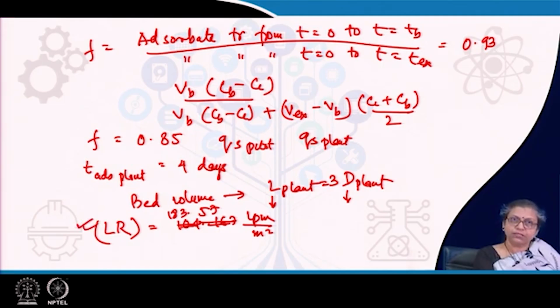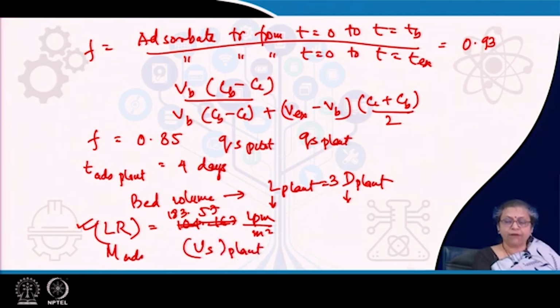So, we proceed with this, find out the mass of the adsorbent that is required, and we also check the superficial velocity in the plant. After every design, we need to check LR, the US plant, these things we need to check, and then we go ahead with the pressure drop calculations.